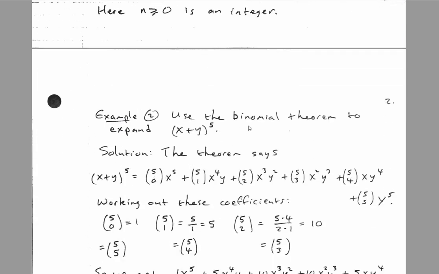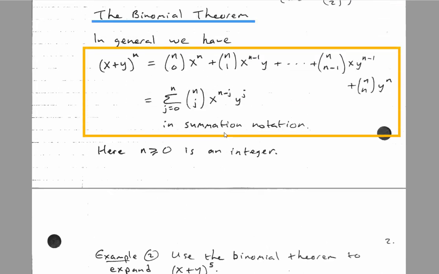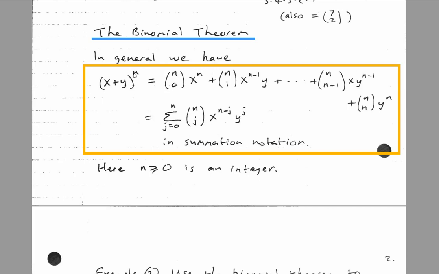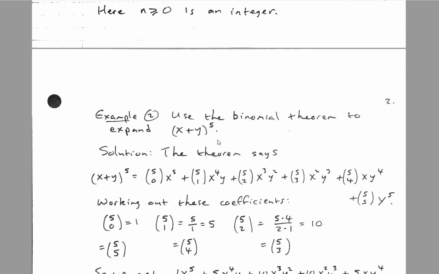So another example, use the binomial theorem to expand x plus y to the power of 5. Okay, so when n is 5, then we need 5s on the top, and we're getting all these terms where the sum of the two powers adds to 5.